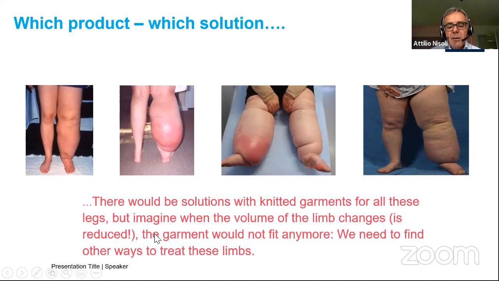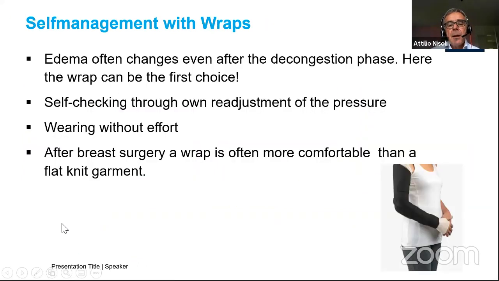So with the wraps, for example, it's easier because we have a much bigger margin. We can adjust the compression pressure, and that means these people can use the inelastic wraps much better, and it's quite often more helpful for them than knitted garments.